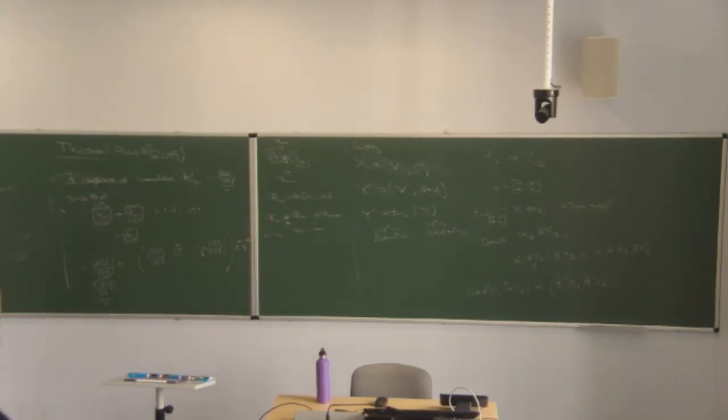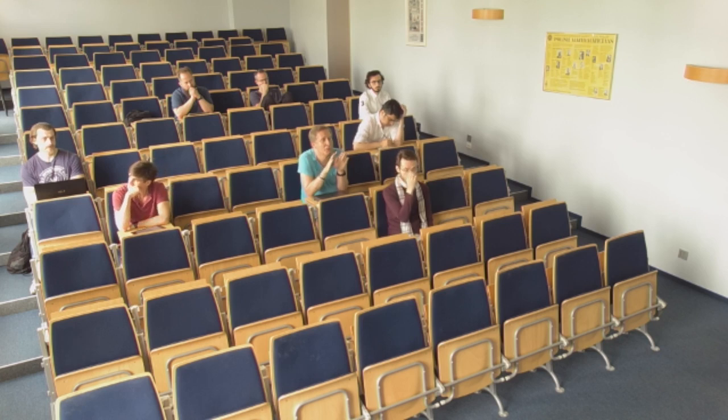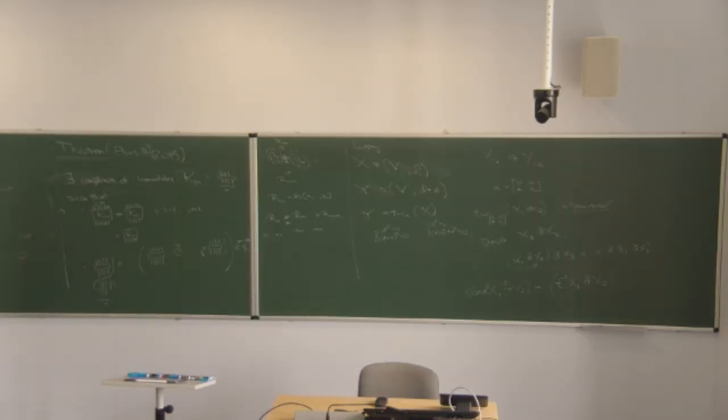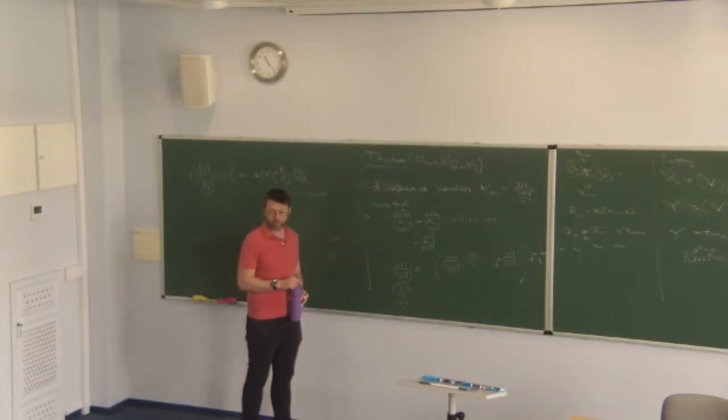Do you need to also normalize it somehow? Because so far you can take all these complexes to be zero and the theorem is true, right? Yes, I see. There's a normalization which is coming from the n equals 0 case.